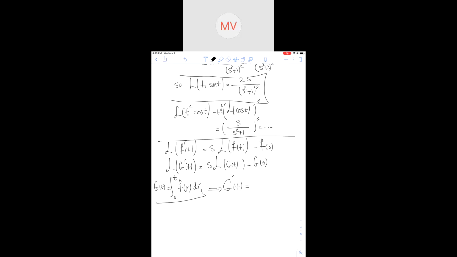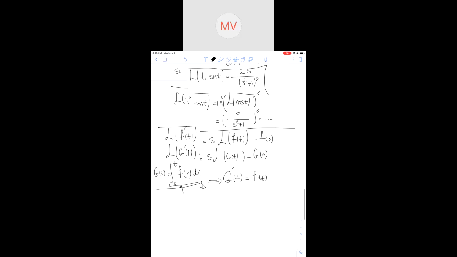No, I'm talking about this specific g, this one right here. Basically, what's the derivative of that integral? Eli, you're correct. You just have to remember it's a function of t, so it's going to be a small f of, not r, the variable t. So this is f of t.